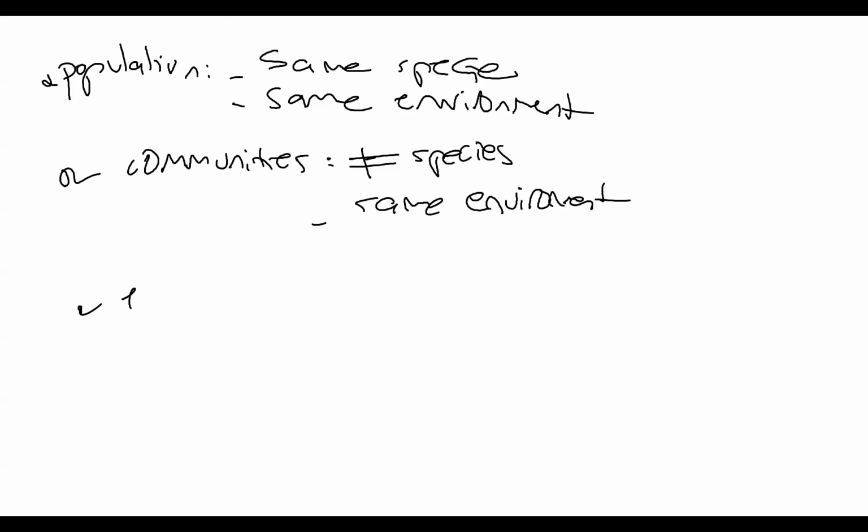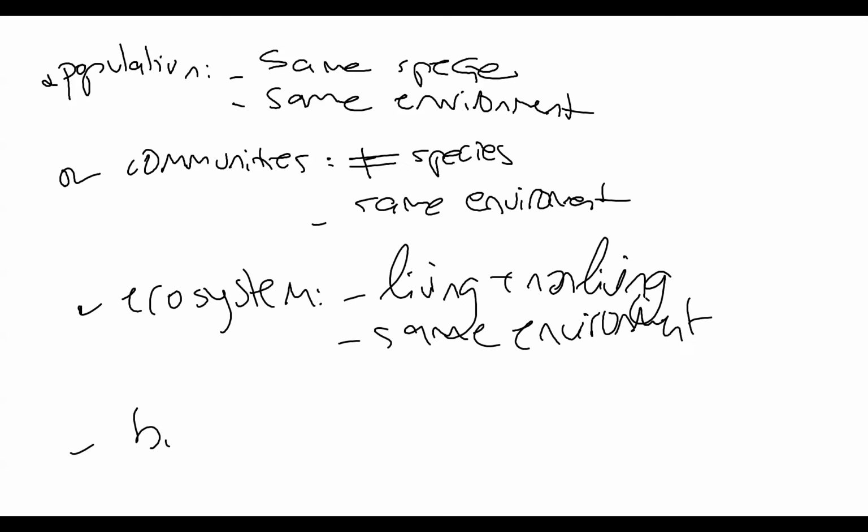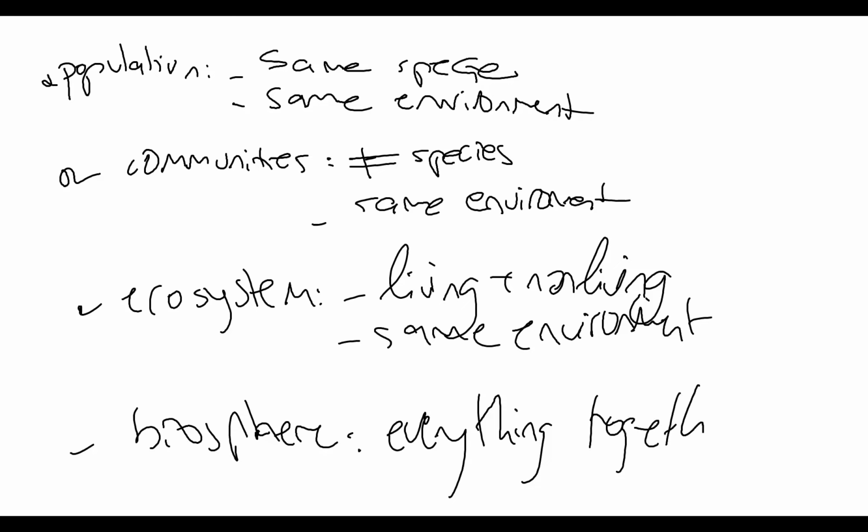Ecosystem: living plus non-living altogether, same environment. This way, I guess, it's easier to memorize. Biosphere: everything together. So also try to memorize them in this way. Population, same species, same environment. Community, different species, same environment. Ecosystem, living and non-living in the same environment. Everything together is the biosphere. This is a way to memorize them easily.